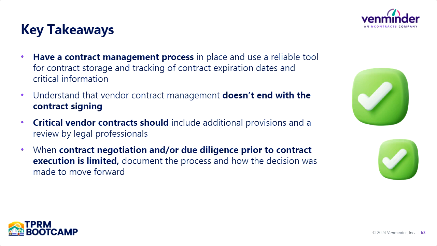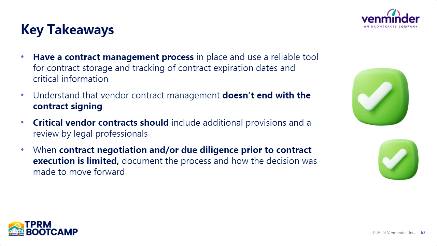Of course, another one is to understand that the contract management with critical and high-risk vendors definitely does not end once the contract is signed. Do not let it sit and collect dust, not look at it again, because there have been so many changes and regulations over the years, and will continue to be, that these probably need to be adjusted in some way to account for those.